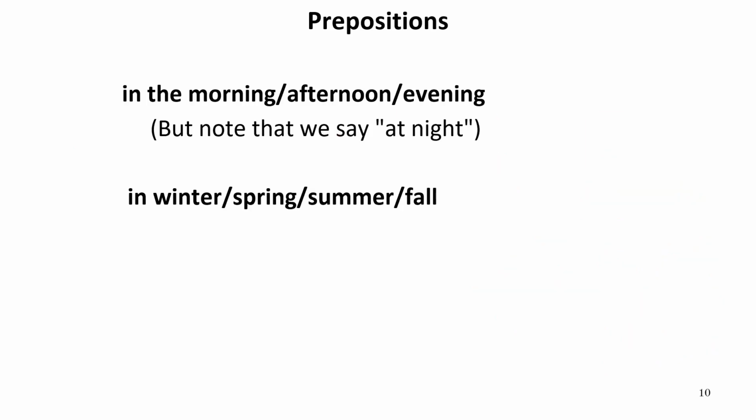Now, we can say in the morning, afternoon, in the evening, but for night we use at. That I have already told you. Now, in winter, in spring, in summer, in autumn. So with all these seasons, we use basically in.